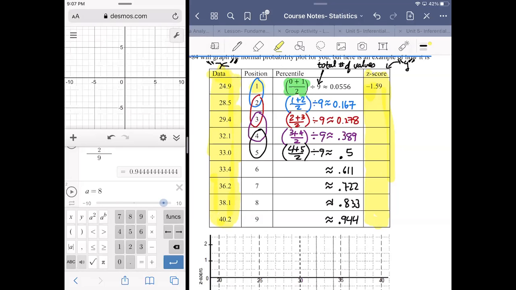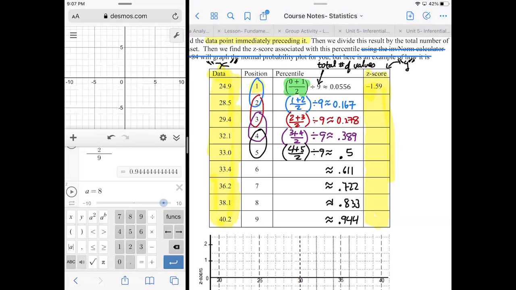Well, it depends. It used to be really kind of a pain, but it's a whole lot easier now. Back in the day, and I imagine there's still some teachers out there that make people do it this way, is the table method. If you've ever seen a physical statistics textbook, they usually have the Z tables, which give you the area under the standard normal curve associated with particular Z scores.